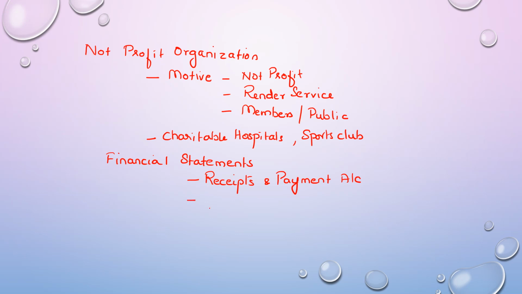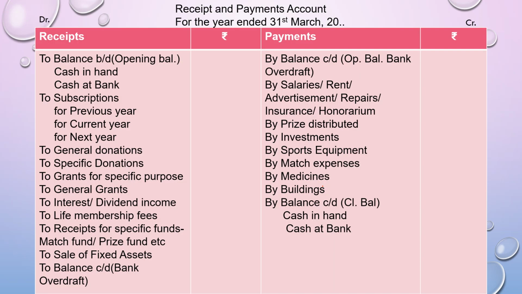And from the receipt and payment account, it would be preparing income and expenditure account, which will help in ascertaining the surplus or deficit, and the balance sheet of the not-for-profit organization as at the end of the year.